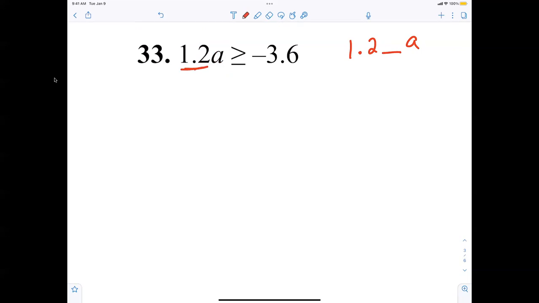Does it mean 1.2 times A? Yes. This is multiplication, because if there's no sign, it means multiplication. If I wrote this down, listen to me. If I said 3x, what does that mean?